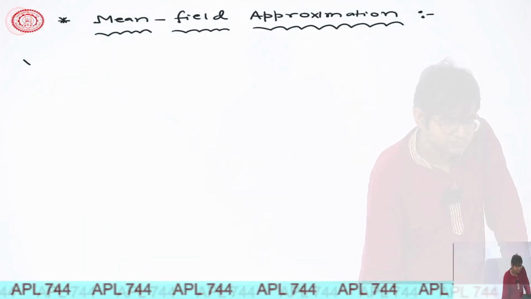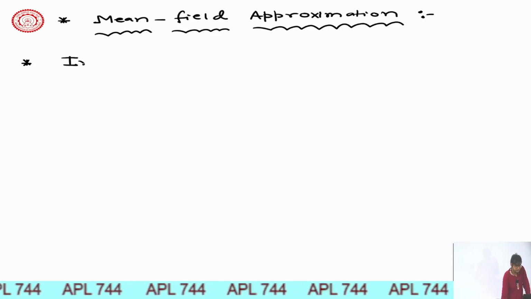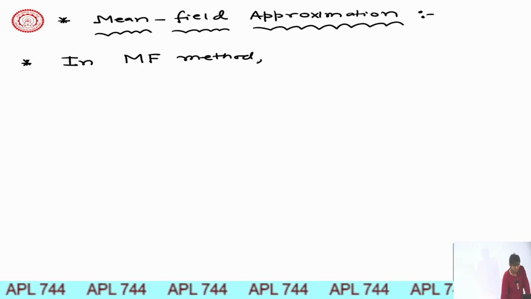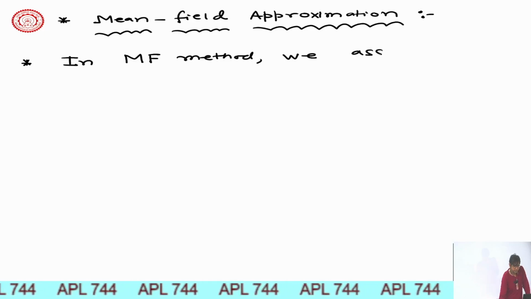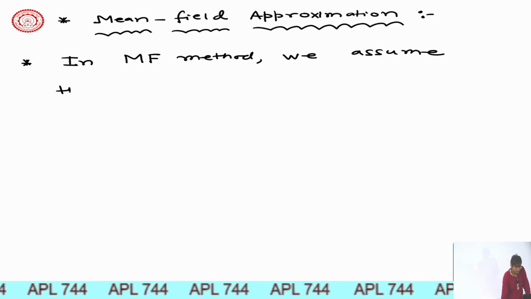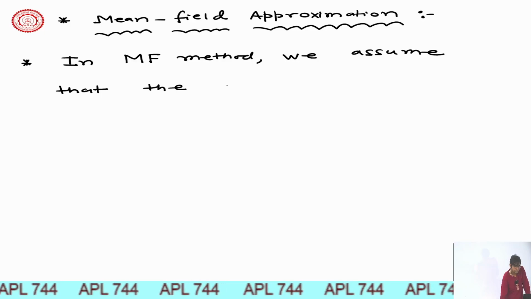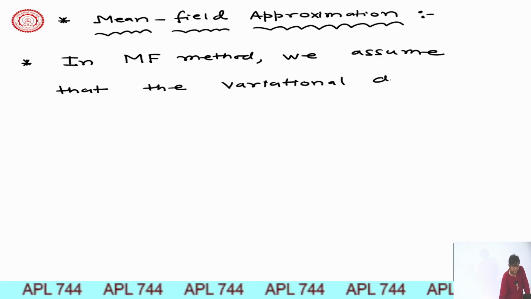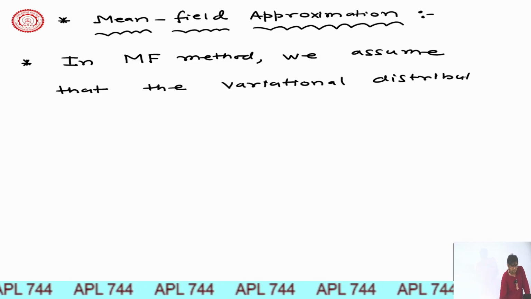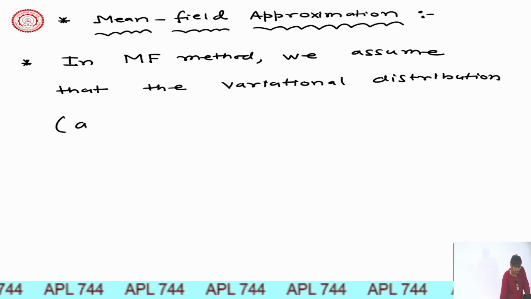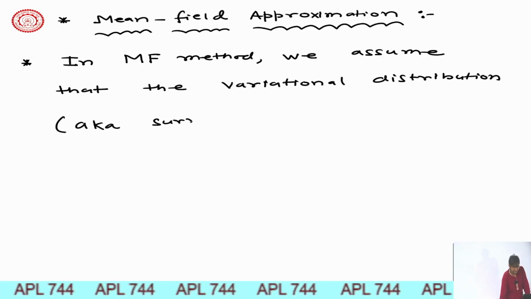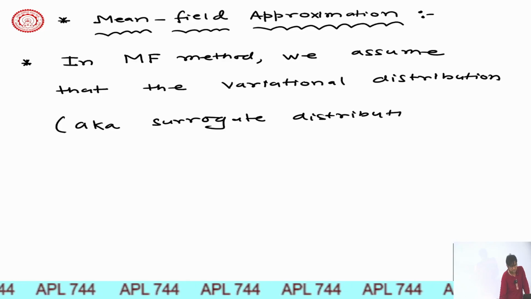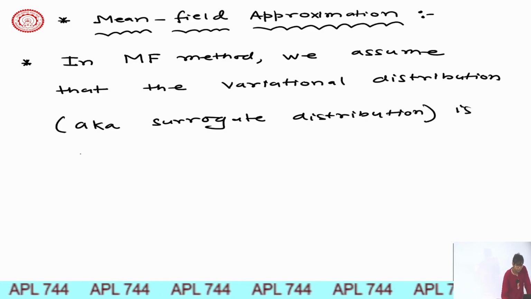So, now in the mean field method or approximation, we assume that the variational distribution, and since it is the first time I am using it, I will also write also known as surrogate distribution, so that will clarify it, is fully factorized.